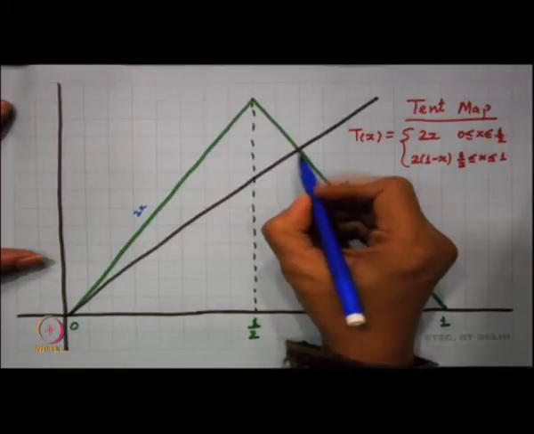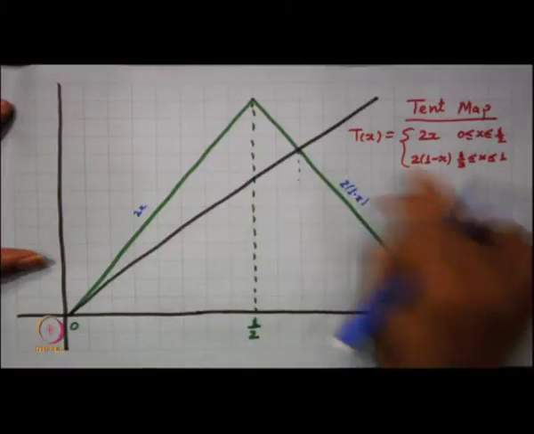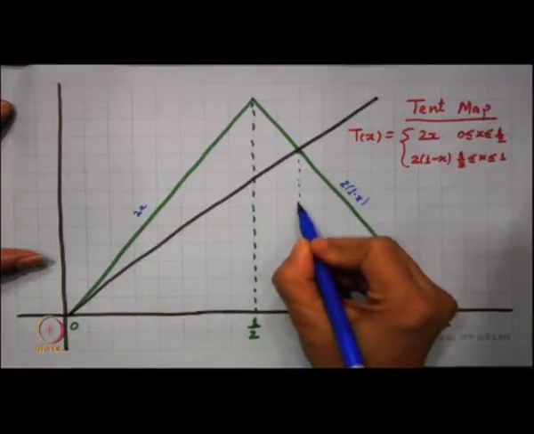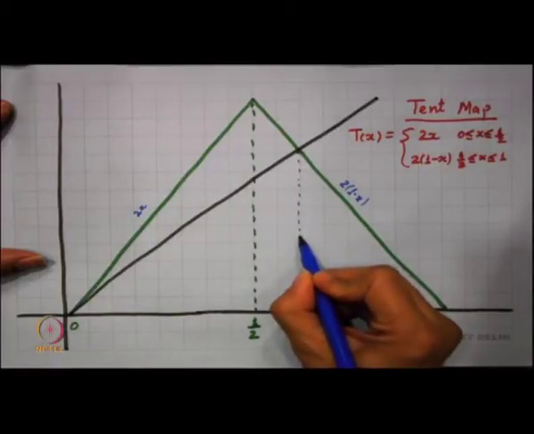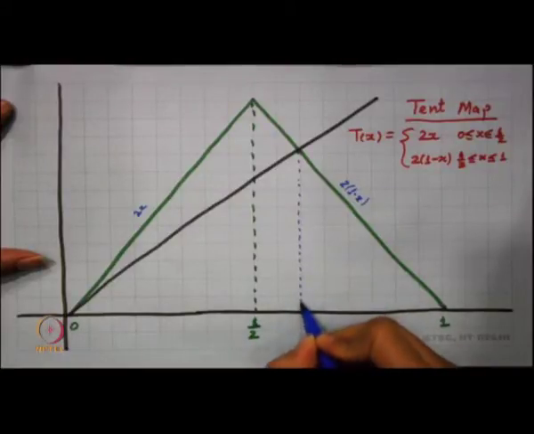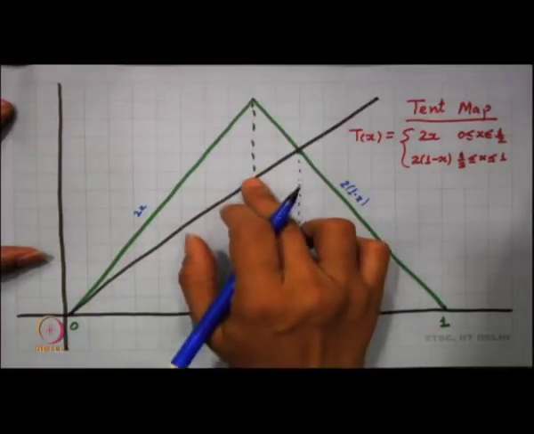It is very easy to check: this will be a fixed point of this equation, and if you compute it, that turns out to be 2 by 3. So, you have a fixed point at 0 and another fixed point at 2 by 3.